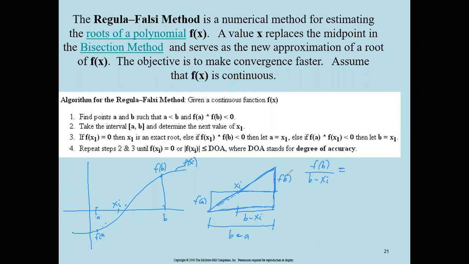So this is for the f of b segment. This segment is f of b minus f of a, since we're just after the absolute distance between these two points, no? Over this segment is b minus a. So just isolate x sub i to give us a formula: b minus f of b times b minus a over f of b minus f of a.